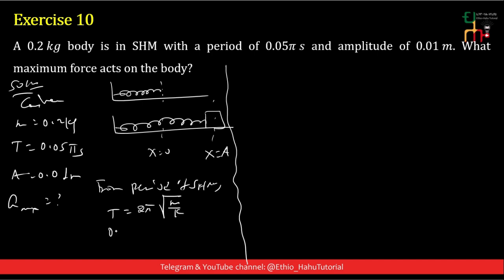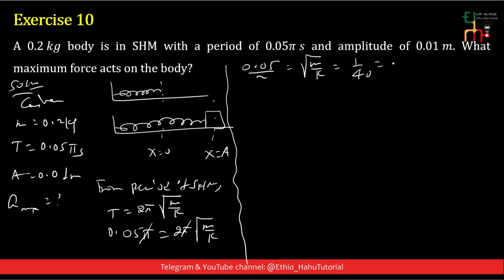Period is given: 0.05 pi is equal to 2 pi the square root of m over k. Pi goes with pi. 0.05 divided by 2 is equal to the square root of m over k. 0.05 divided by 2 is 5 over 200, which is equal to 1 over 40, equal to the square root of m over k.